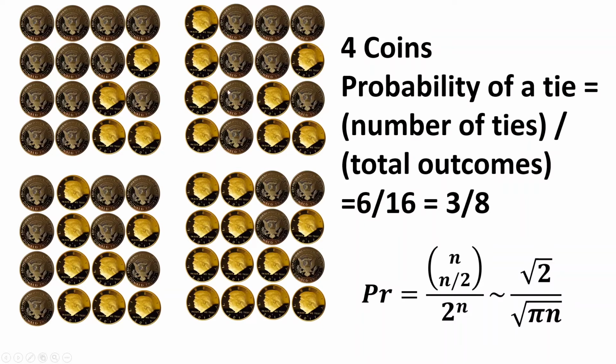If you go through all these 16 different possibilities and count the number of ties, you'll see there are 6. And there's also a formula for that. We have n coins, and we want a tie, so that means there's n over 2 that are heads and n over 2 that are tails. So to count that number of ties, it's n choose n over 2. And the total number of outcomes is 2 to the n.